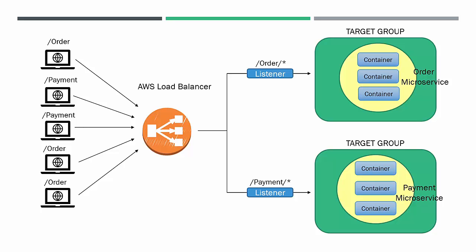So imagine you have 1,000 requests for orders. It goes in and then gives the request to each container in a round robin manner. Let's say we have 1,000, that means it will be distributed: each container will have 333 requests processed, and the remainder will go to the last one.